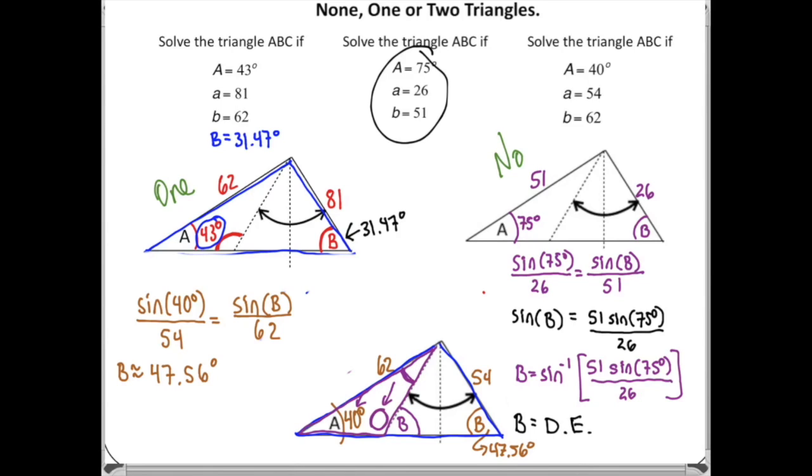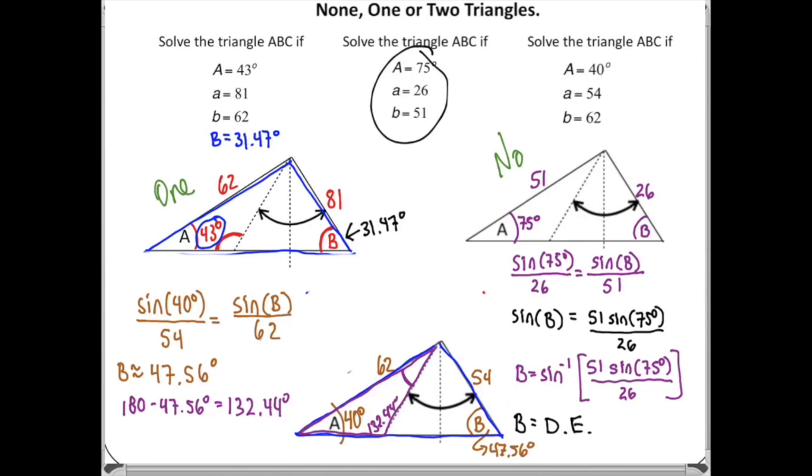So let's do that. I'm going to back some of this stuff out, and let's do 180 minus 47.56 degrees, which is going to give us 132.44 degrees. Okay, so if I take a look at this angle right here, which is 132.44 degrees, is it possible to have another angle up here?